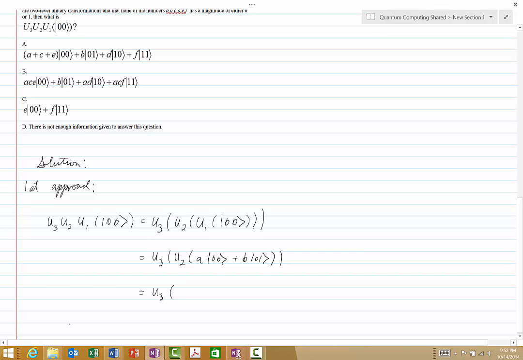And now we use the fact that U2 is linear to say that U2 of this superposition is equal to A times U2 of 0, 0 plus B times U2 of 0, 1.